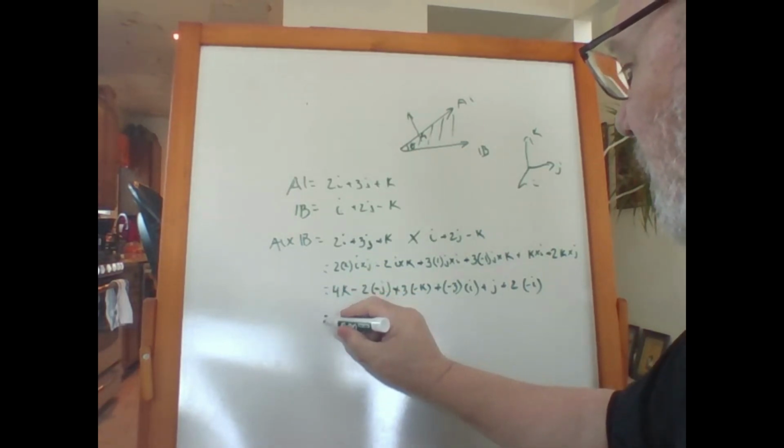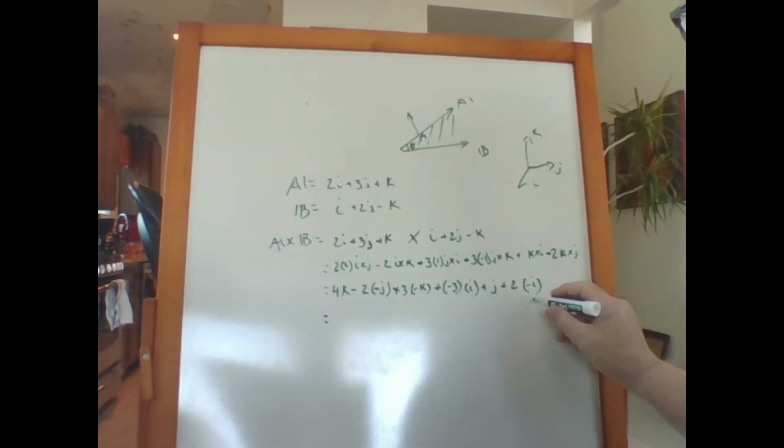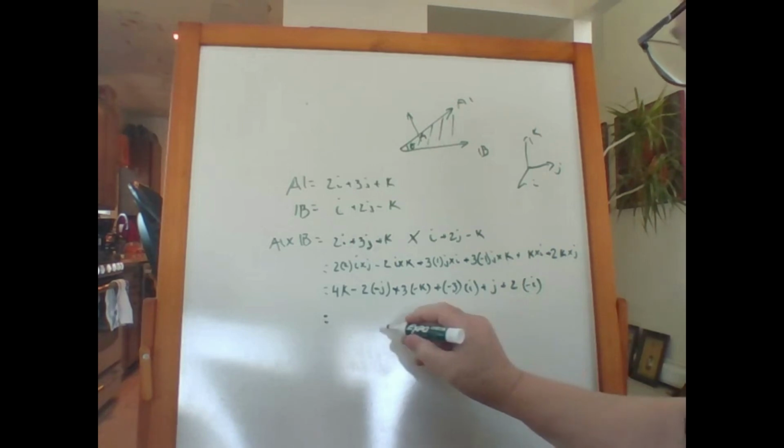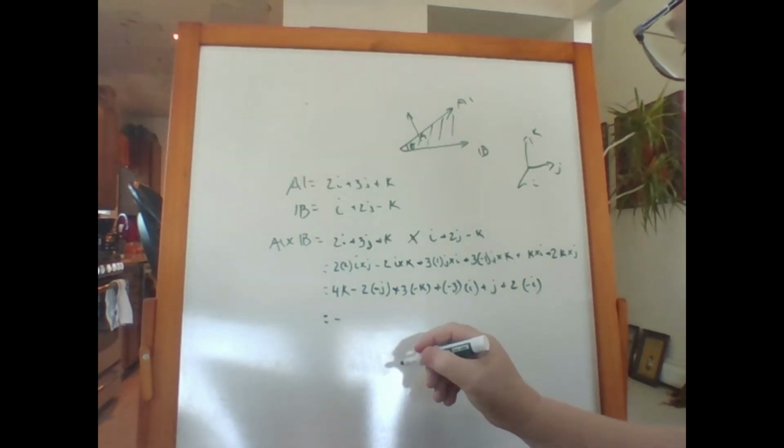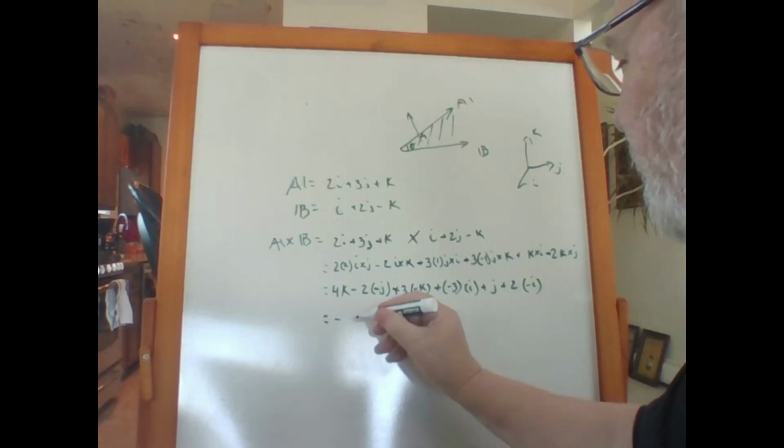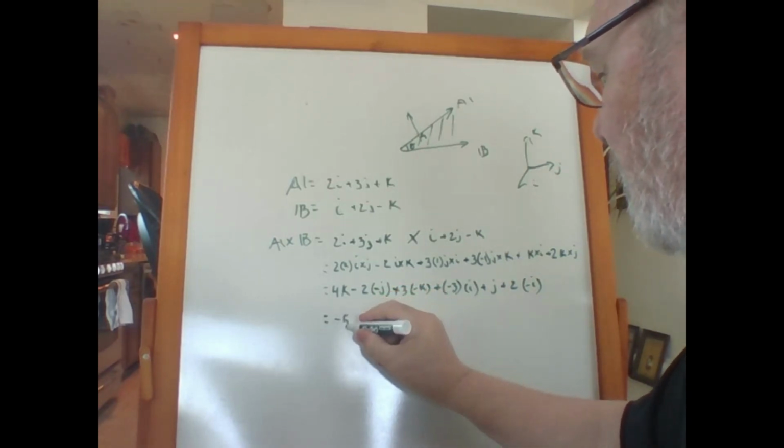So we have, let's look at the i components. We have minus 3 and minus 2, so that's minus 5 i.